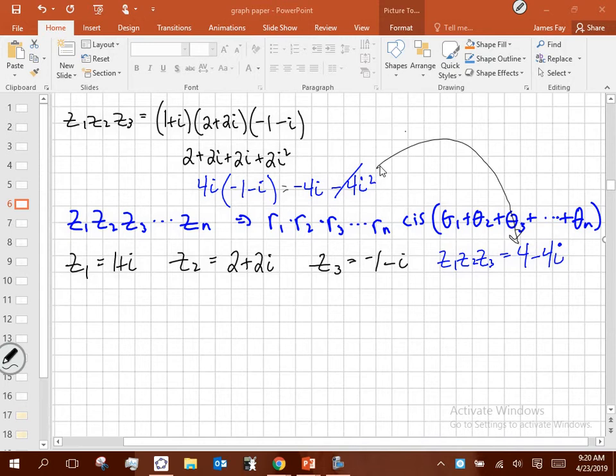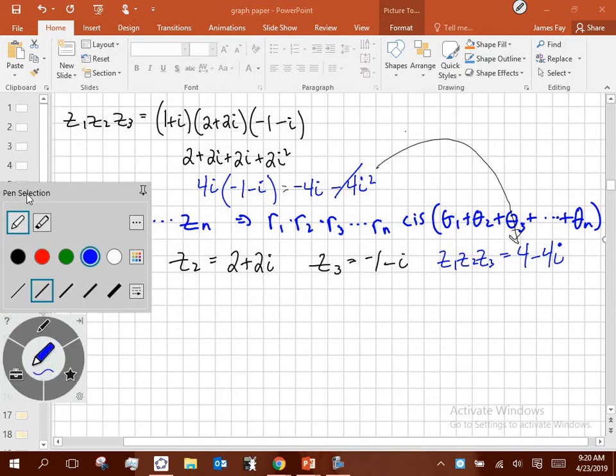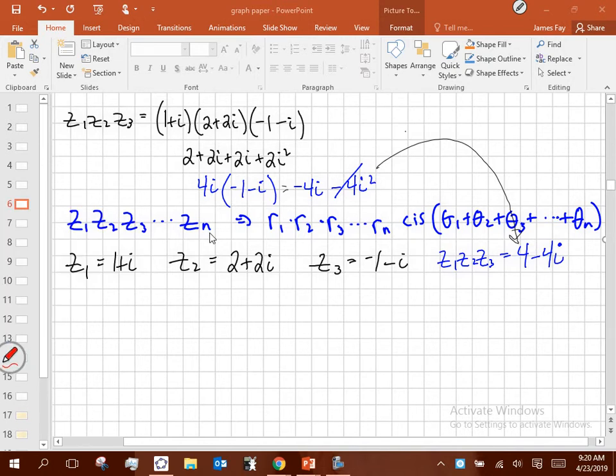Okay. So now I'm just trying to show you the comparison of the two processes. What I need to do, though, before I can use this second process here is turn each one of these into polar form.